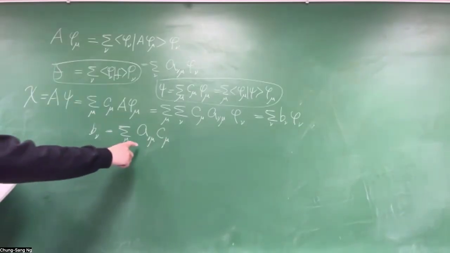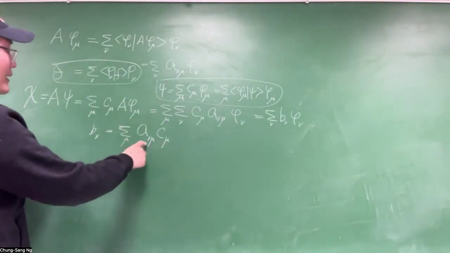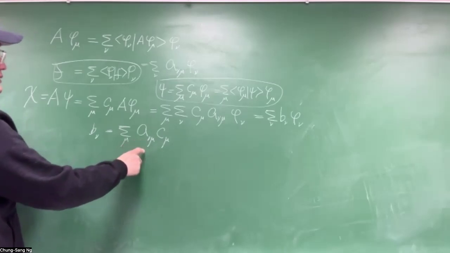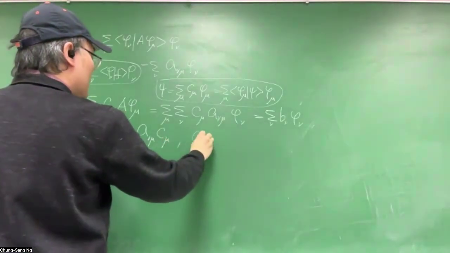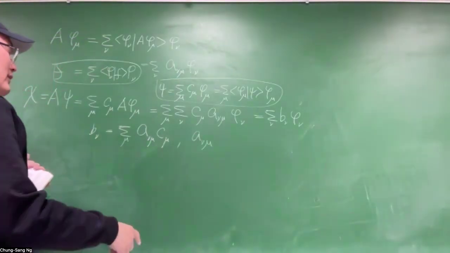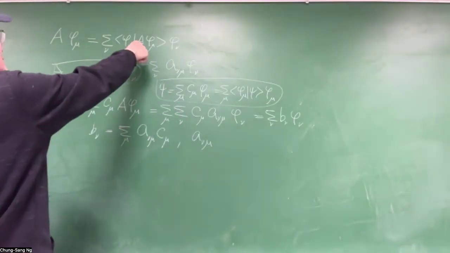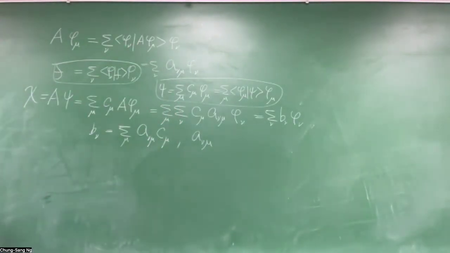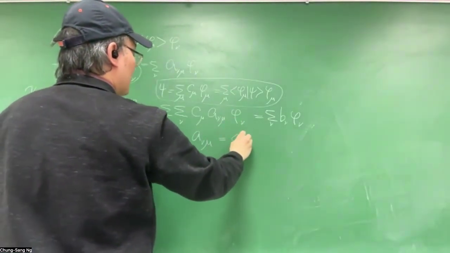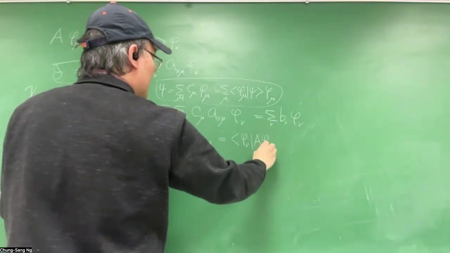So this is just like a matrix multiplication, and this A nu mu is, you can say, the matrix elements of the original operator A, right? And just like what we did before, it is defined as phi nu, A phi mu, right?